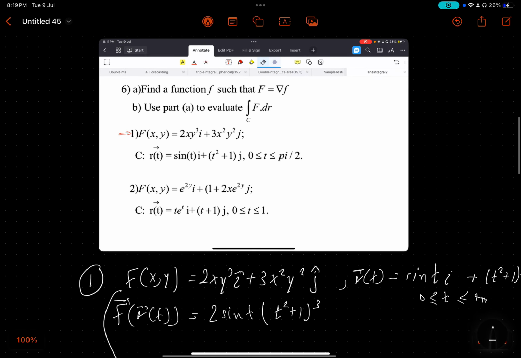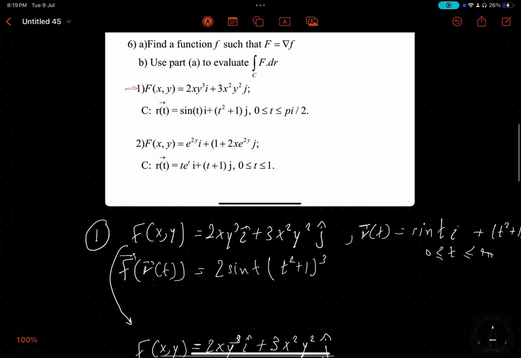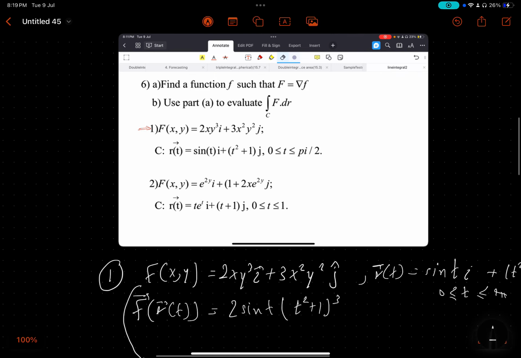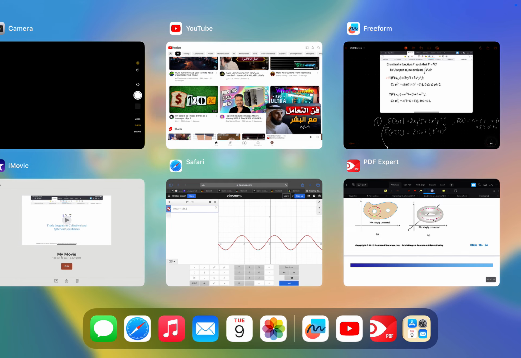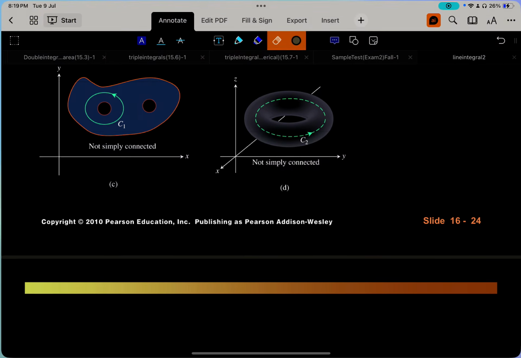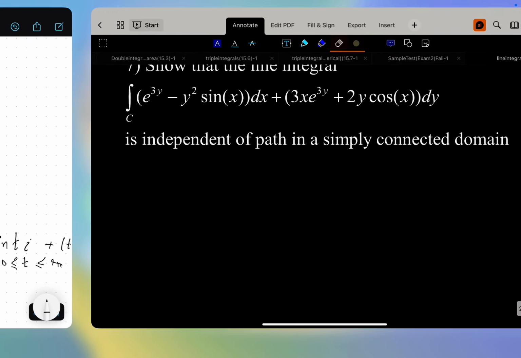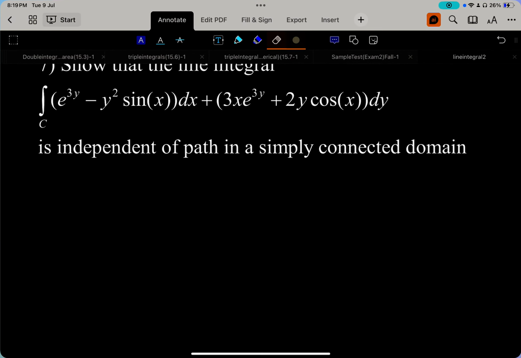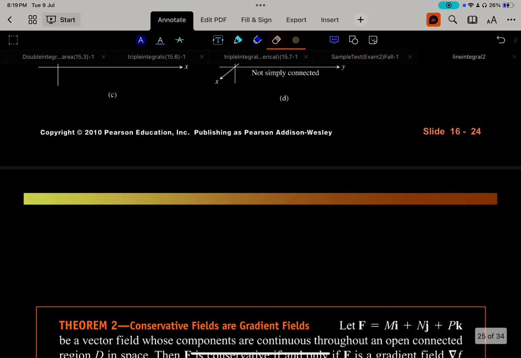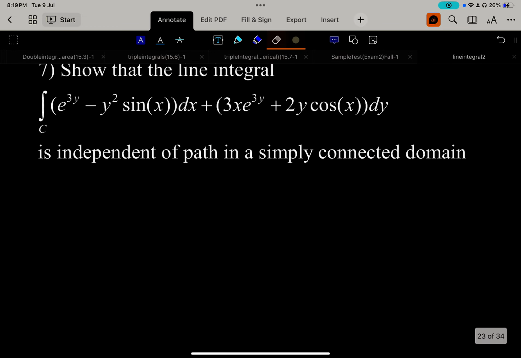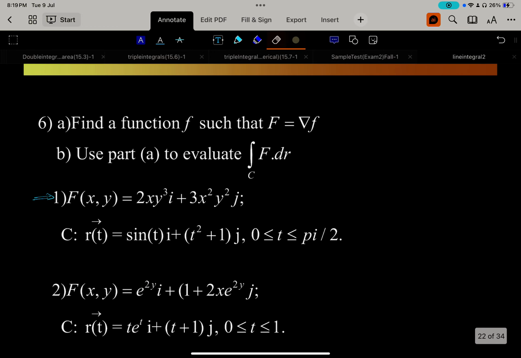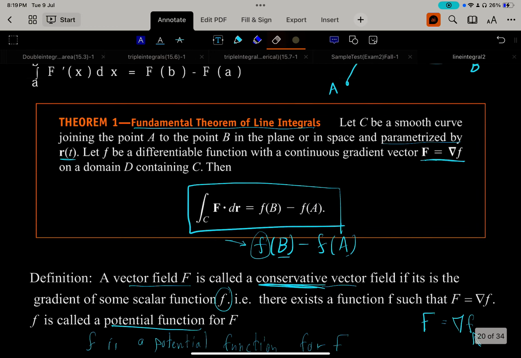Now let's go to part b. It wants us to use part a to evaluate the integral of f dot dr. So how did we define it?